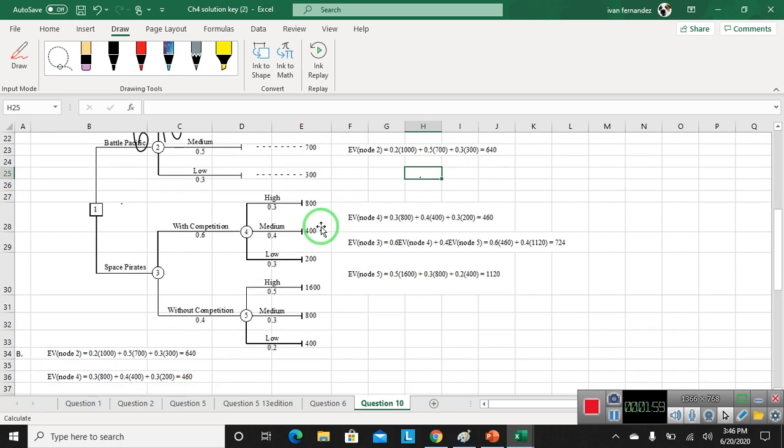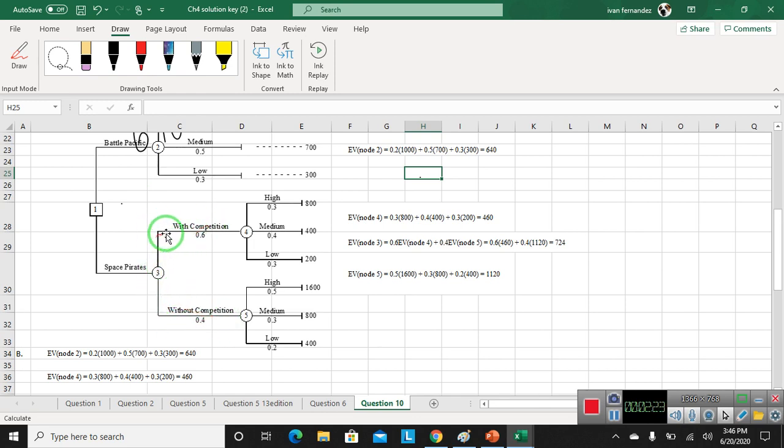Okay, now Space Pirates is a little more complicated. Space Pirates does face different levels of demand than Battle Pacific, but before you even get to demand, it actually faces competition. There's competition in the Space Pirates world, whatever that is. So, chance node number 3, you may have competition or not.